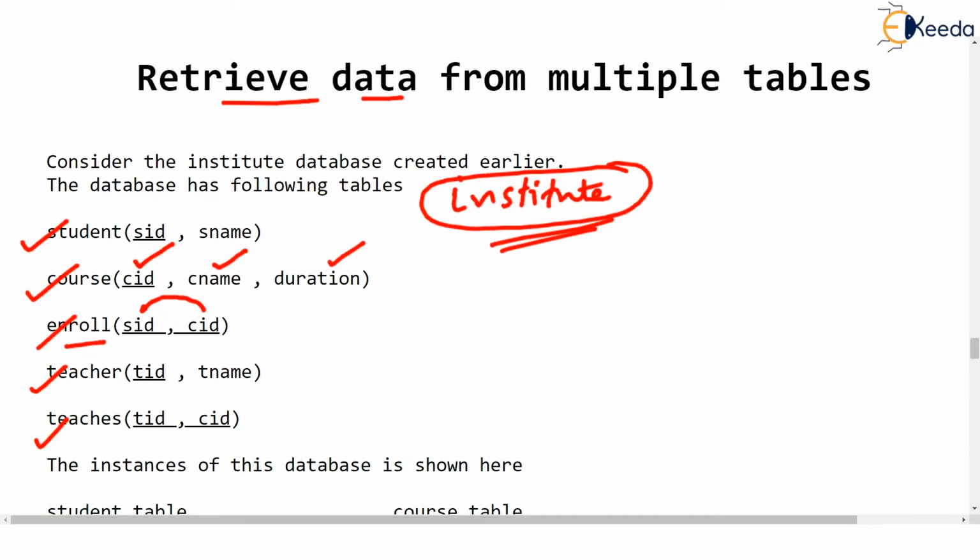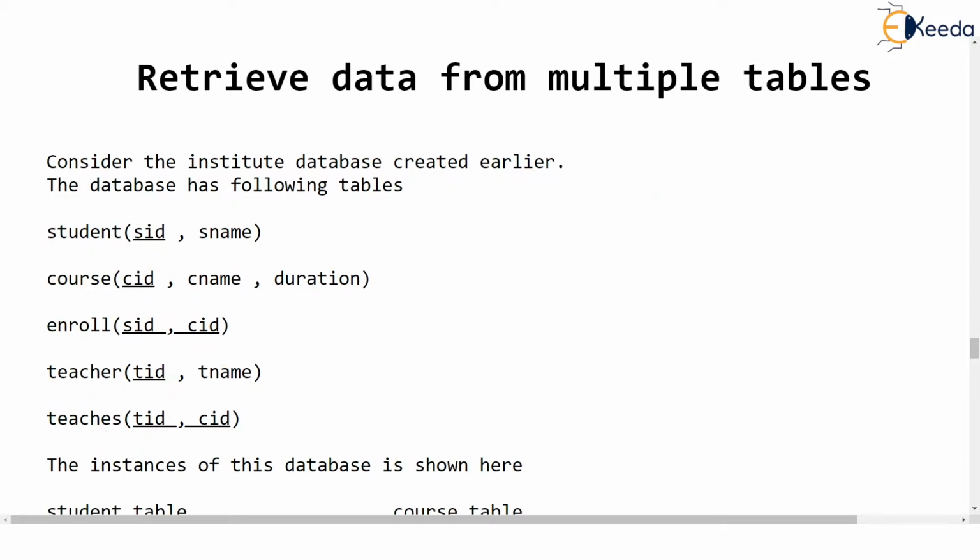Every student has a unique student ID, which is the primary key, and name of the student. Every teacher has a unique teacher ID and name of the teacher. And very importantly, the teaches table tells us which teacher teaches which course. So this is the schema of the database, and these are the tables.